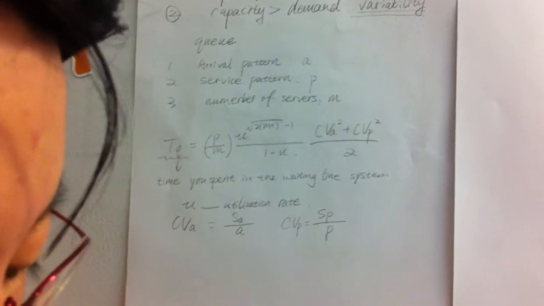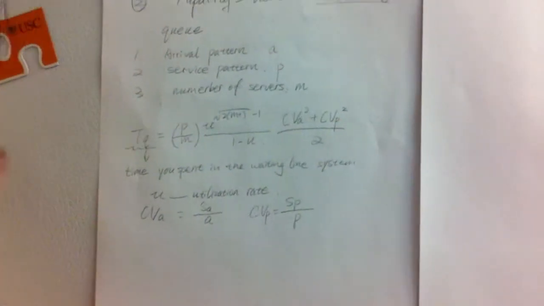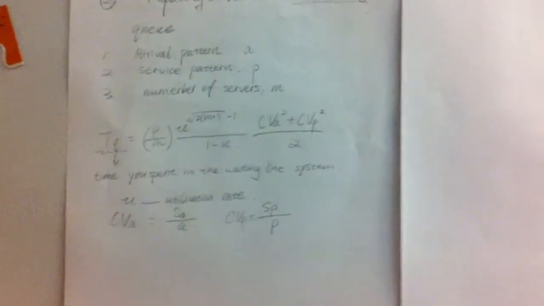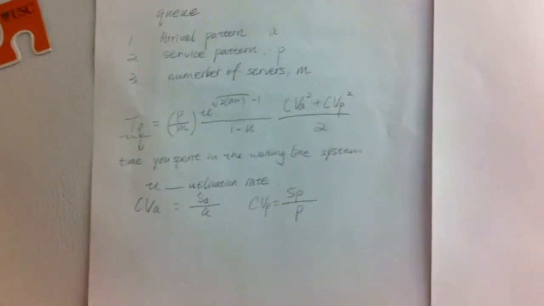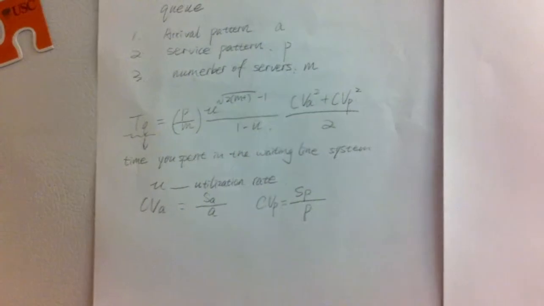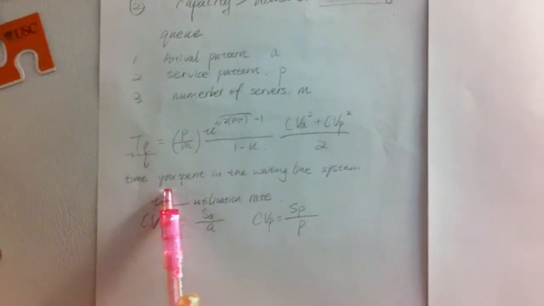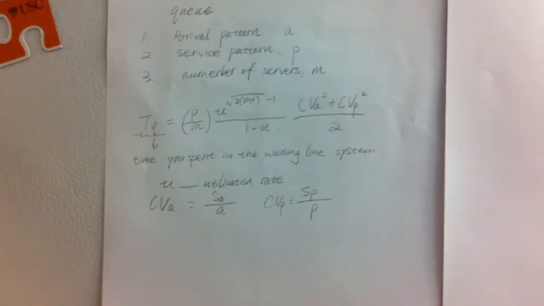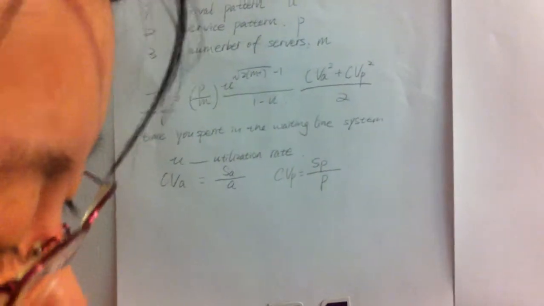The service time has a standard deviation of 1 minute, and the store has 1 cashier. And now it asks you the amount of time that one customer spends in the waiting line system. So we basically have to refer to this equation. Okay, let's write everything out. When I do the problem, I usually write everything down, so it makes it easier to understand.